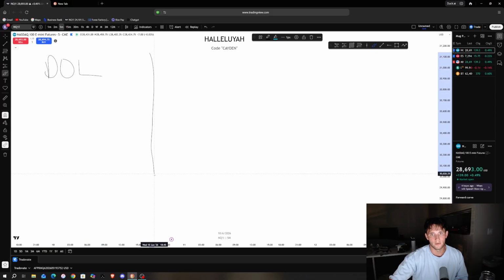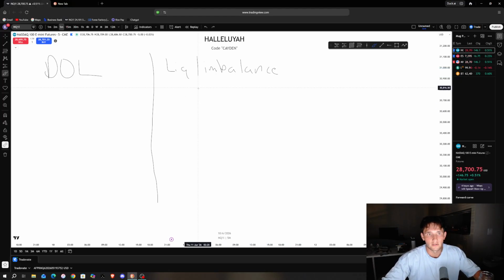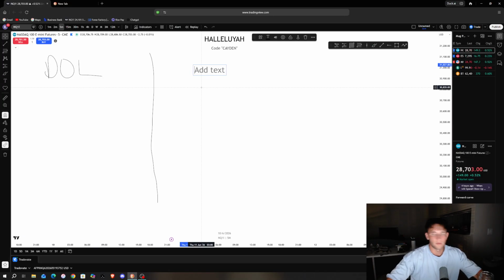Part two, I would say, is confluences, or honestly liquidity slash imbalance. Let me type this out so it looks a little better. I'll keep DOL though.